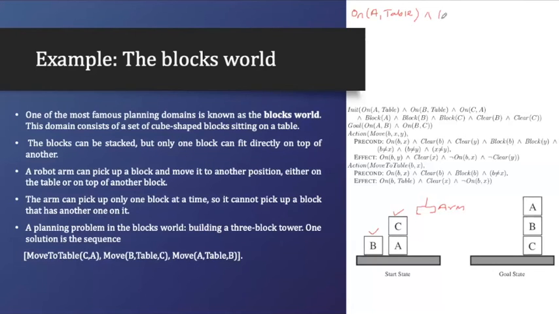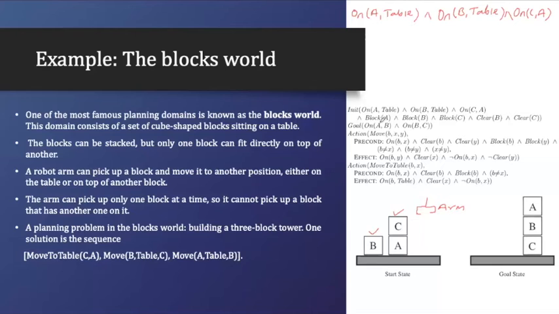B is also on the table, so On(B, table). What is the condition of C? Where is C? C is on A, so On(C, A). This is my initial condition.